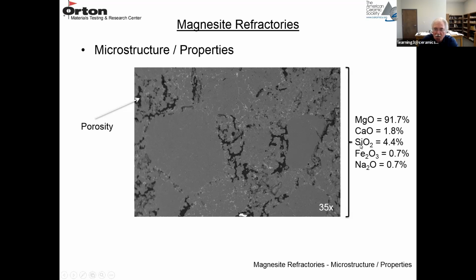So this is a material that'll form low melting eutectics rather easily. The dark black phases are the porosity. You can see the outline of MgO crystals or grains with crystals, and then the matrix is in between the larger grains.